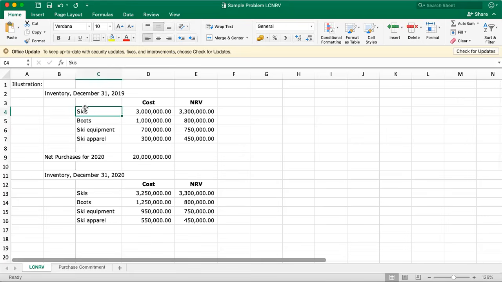Okay, so let's start first with the ending inventory for December 31, 2019. We need to identify the lower between your cost or net realizable value.